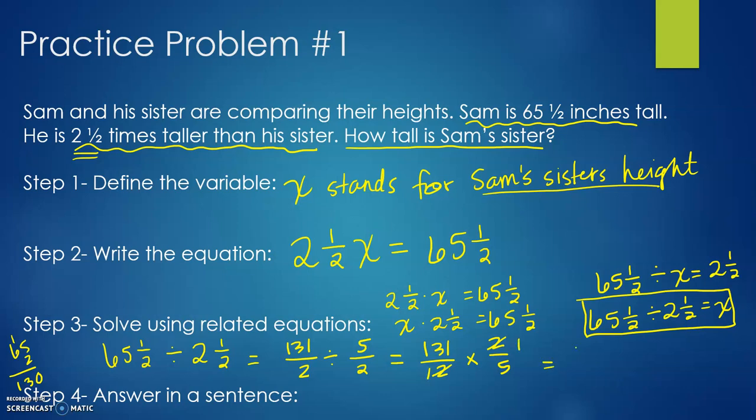So 131 times 1, 1 times 5, and last I just need to simplify this. So I'm going to do some division. 5 goes into 13 2 times.